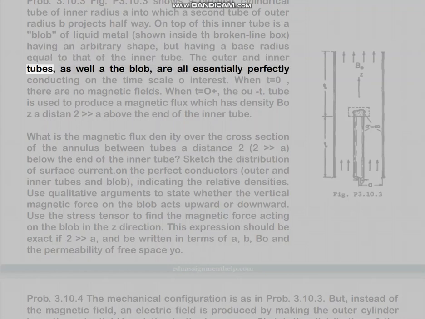The outer and inner tubes, as well as the blob, are all essentially perfectly conducting on the time scale of interest. When t equals 0, there are no magnetic fields. When t equals 0+, the outer tube is used to produce a magnetic flux which has density B0 a distance 2a above the end of the inner tube.